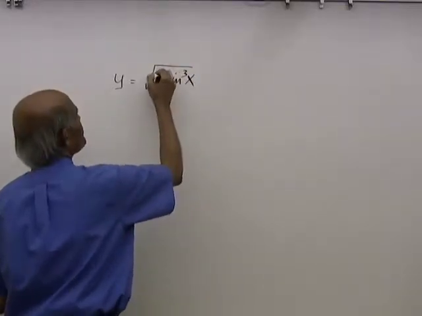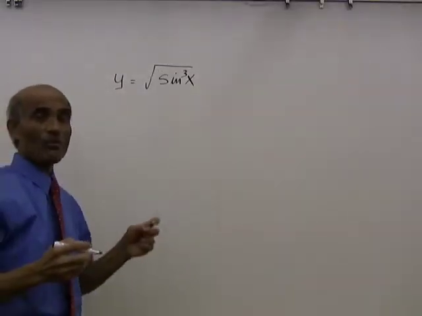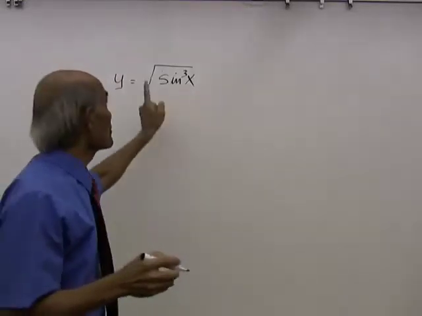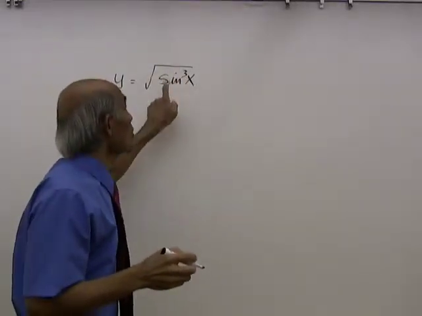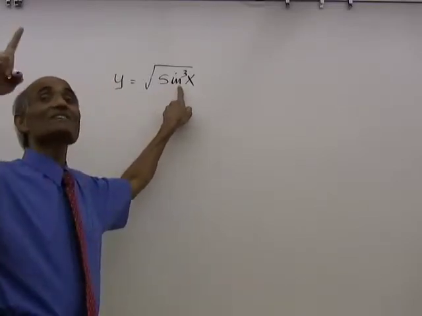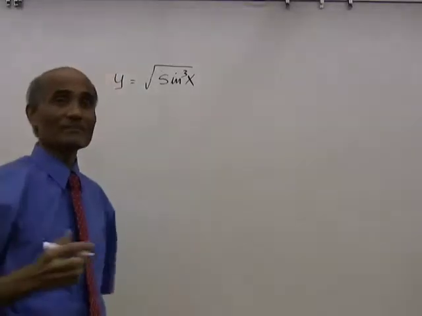Y equal to square root of sine cube x. Now why has this got one more link? Because we have a square root quantity and the quantity is a power. So it involves one more link.